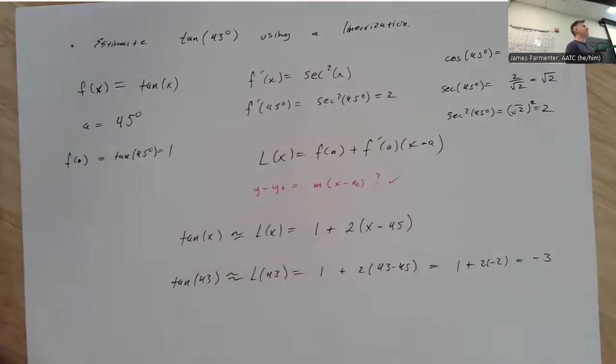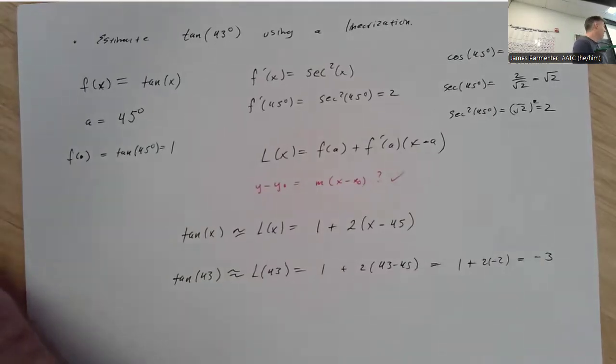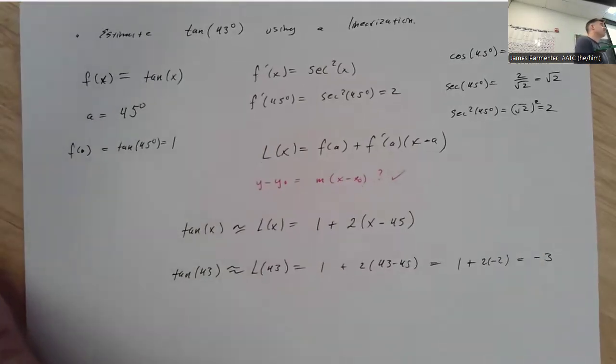So let's think about this. 45 degrees, tangent of 45 is 1. 43 degrees is pretty close to that. And also, 43 degrees is in what quadrant of the unit circle? First quadrant, where tangent is definitely negative or positive? For sure positive. Negative 3 is so far off, we've made a mistake. And the mistake is our units.